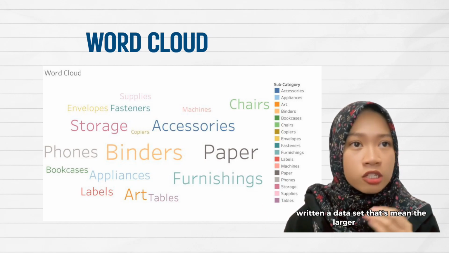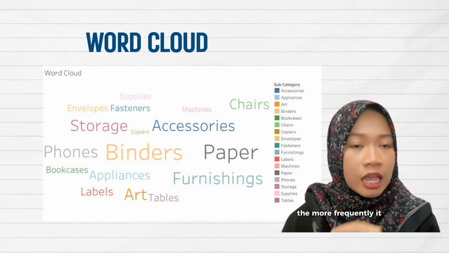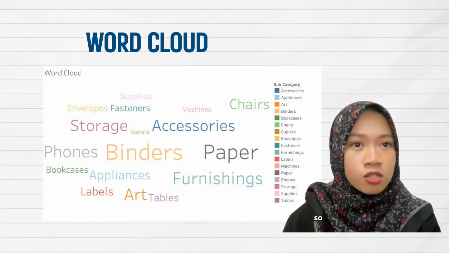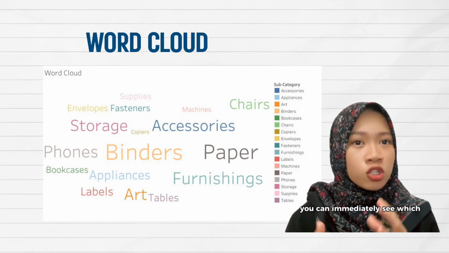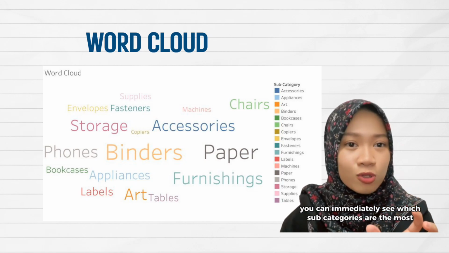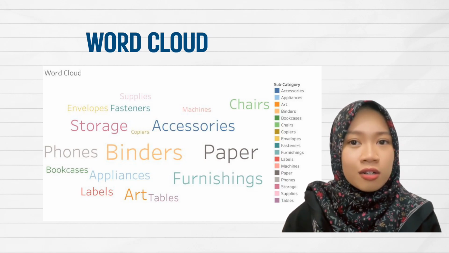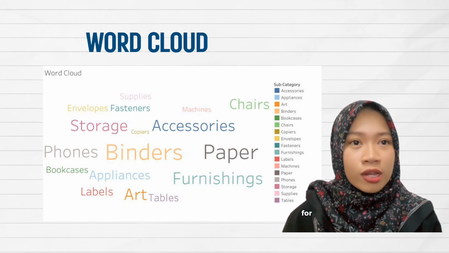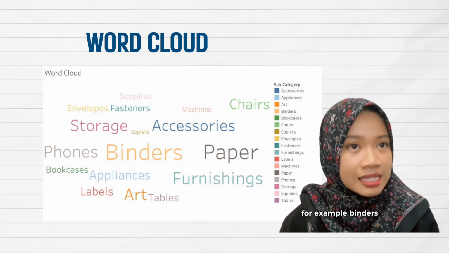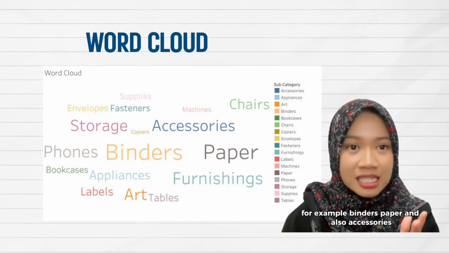That means the larger the word, the more frequently it appears in the data. So based on the word cloud, you can immediately see which subcategories are the most prominent in the data. For example, binders, paper, and also accessories.